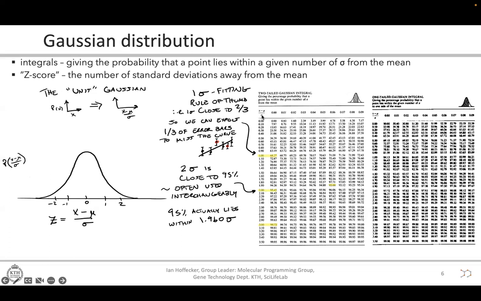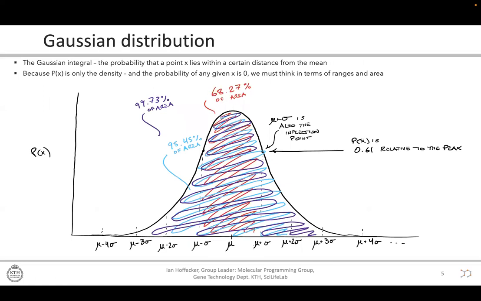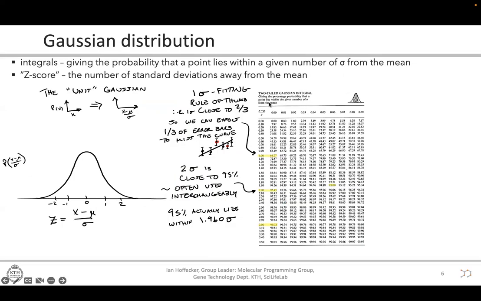So we have z here on this left column, and then these all correspond to particular areas. So we can see that 1 standard deviation away corresponds to 68.27 probability. And that's exactly what we said over here, right? That 1 standard deviation away corresponds to 68.27% of the area.